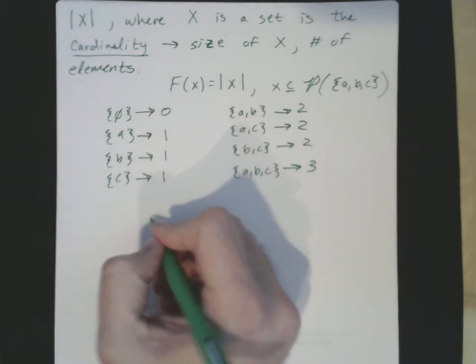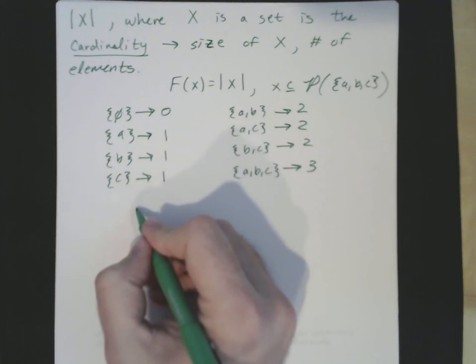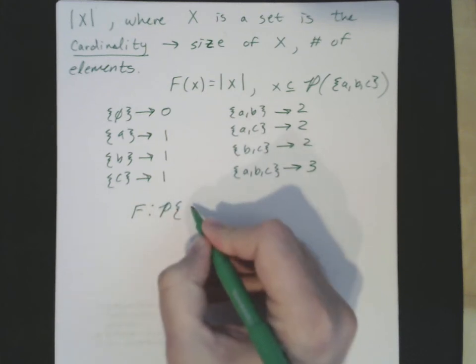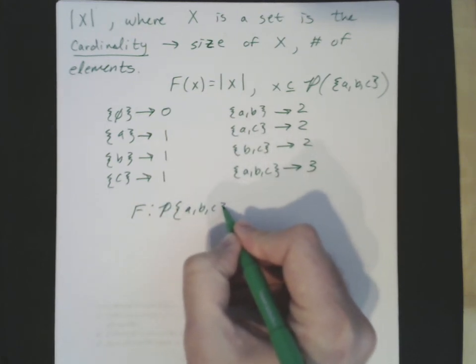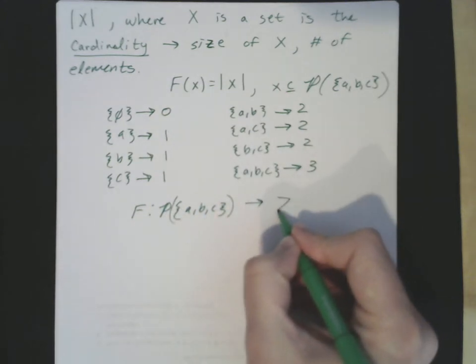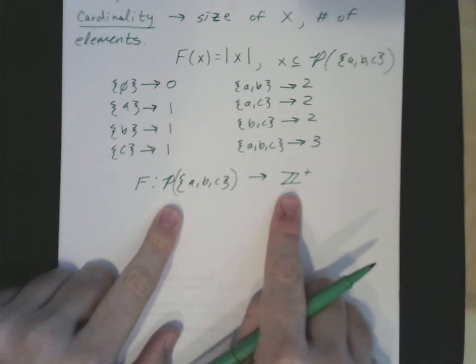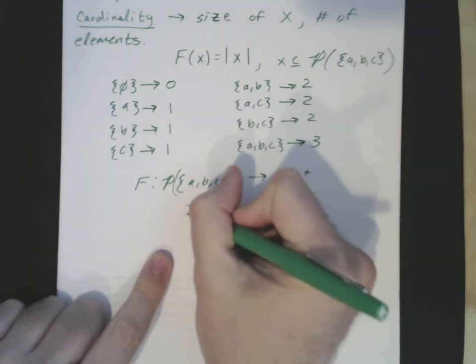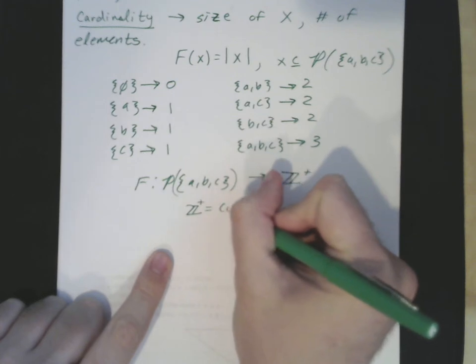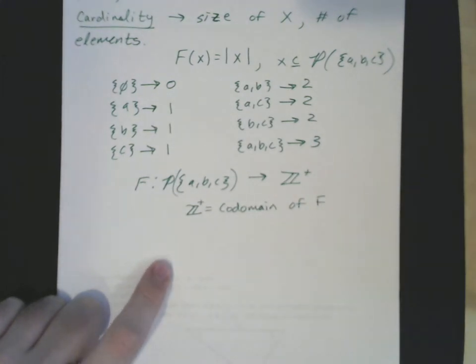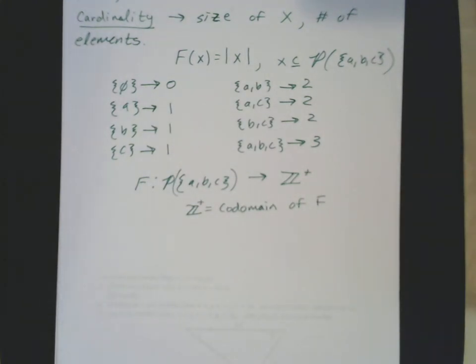So our function, capital F, maps that power set of A, B, and C, we said, into the positive integers. And Z plus is the codomain of capital F. Now, I've been saying that the image and the codomain are essentially the same thing, but that's not necessarily the case.